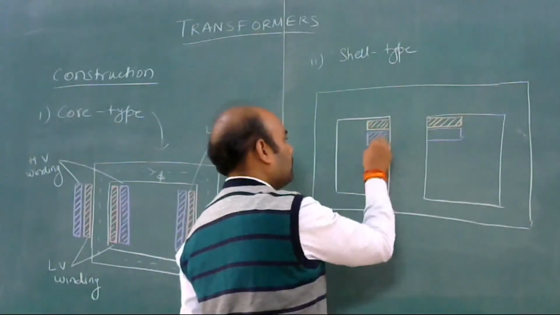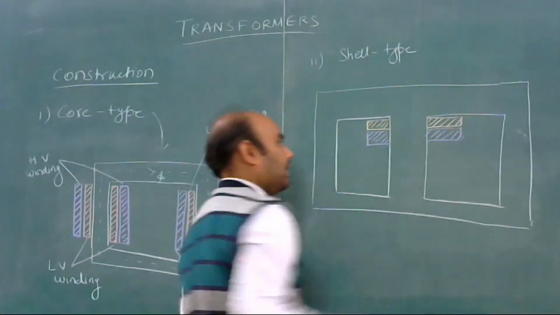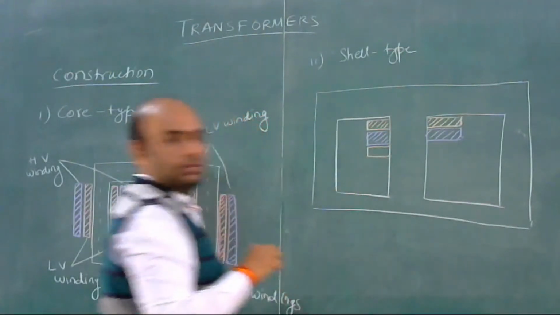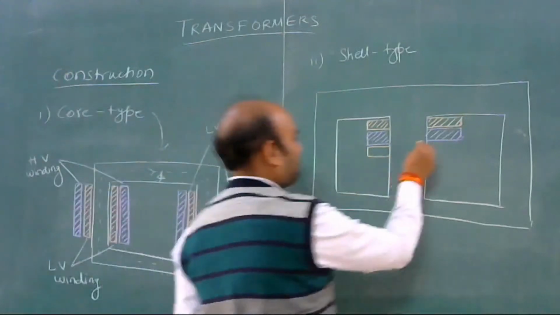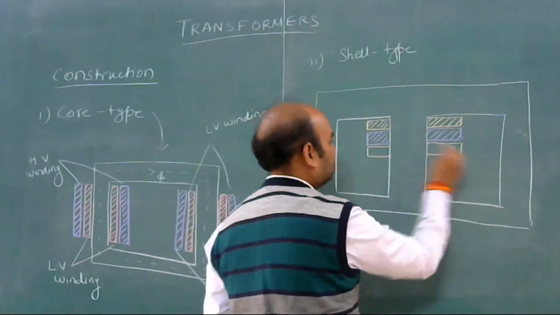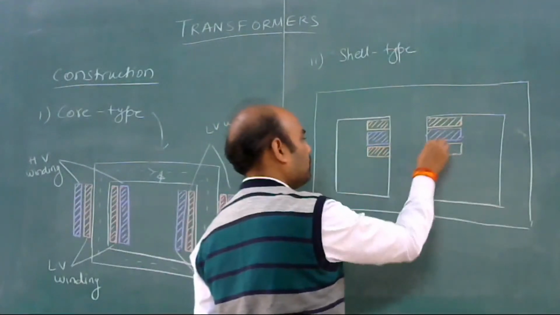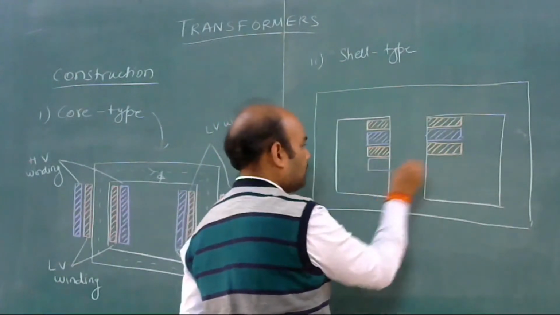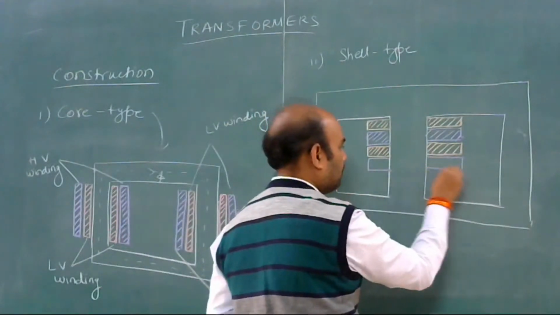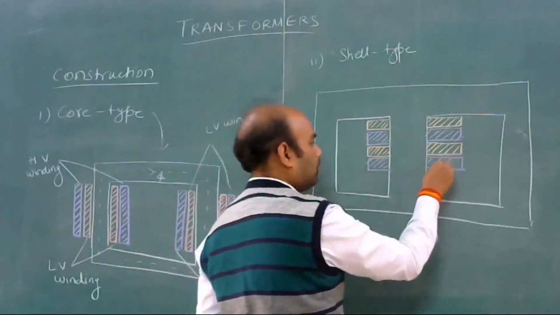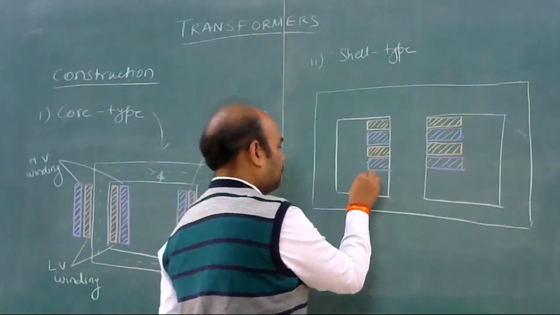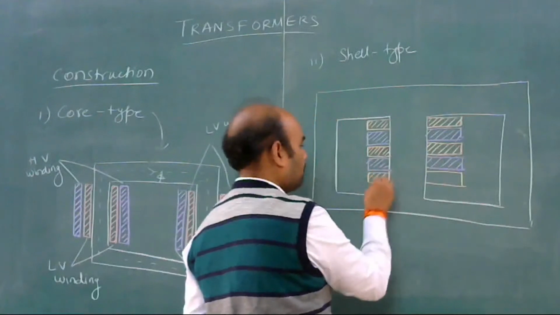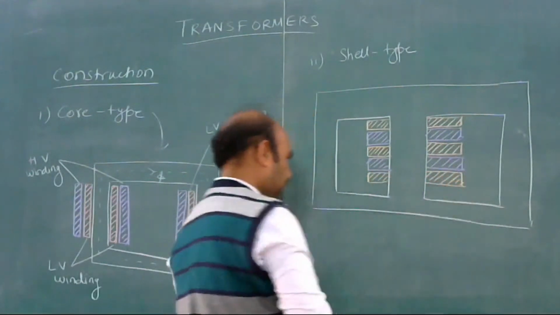So this is your HV winding. Then again LV windings, then HV, then LV, and then HV.